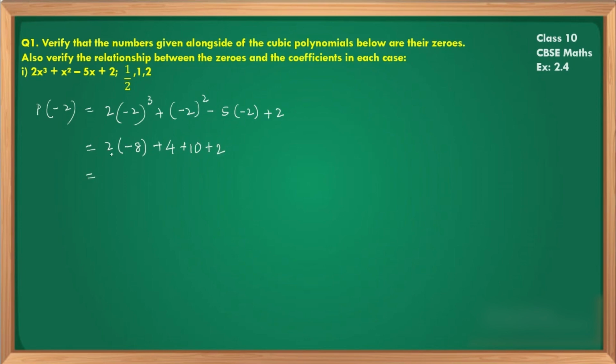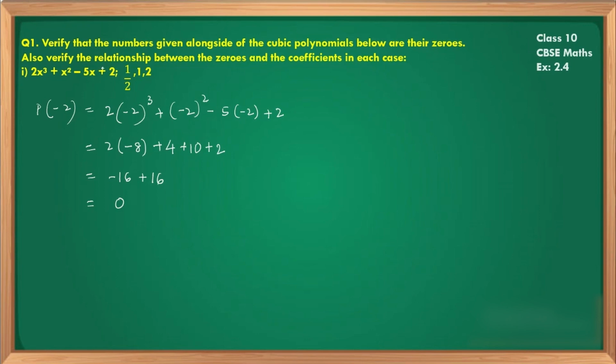Now 2 into minus 8 is minus 16, plus 4, 10 and 2 all is equal to 16, so finally it is 0. Even minus 2 is proved to be one of the zeros of this polynomial. Now what next? We have proved that they are all zeros of the given polynomial.